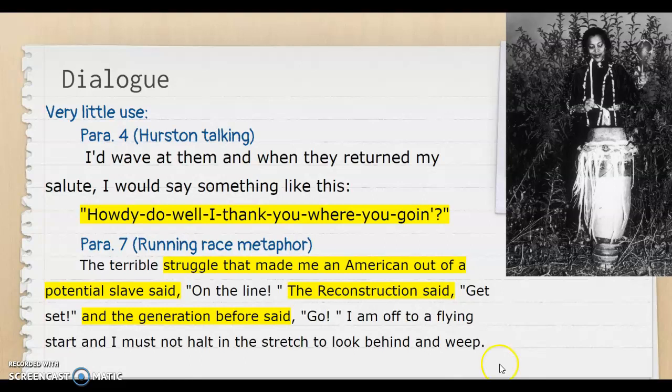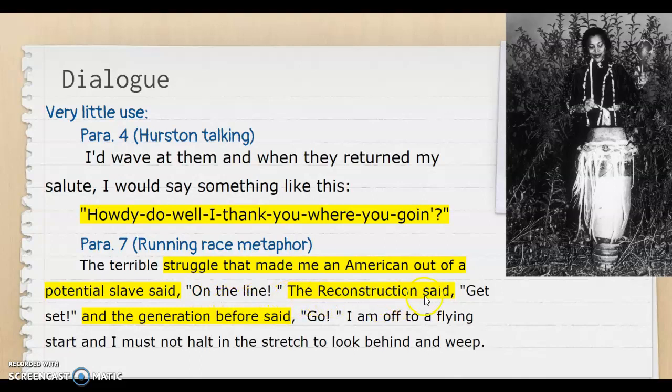In paragraph 7, there's that whole running the race metaphor on the line, get set, go. And it's not so much what they are saying that I think is important in this set of dialogue, as much as it is who is saying it, right? The terrible struggle that made me an American out of a potential slave said on the line. So we look at history, right? The end of slavery set her up to say, are you ready?